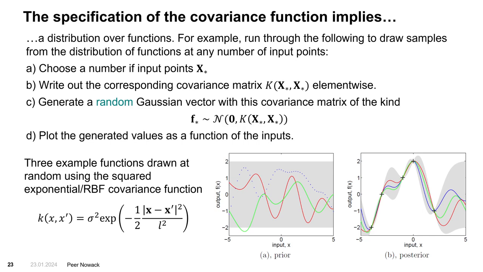If your inputs are very close to each other, this term should be close to 1, because it becomes 0 in the exponent. And if they are very distant, because of the negative sign, the covariance will decrease. So this describes what you might want in your data set: input points that are close in space give you similar output values f of x.